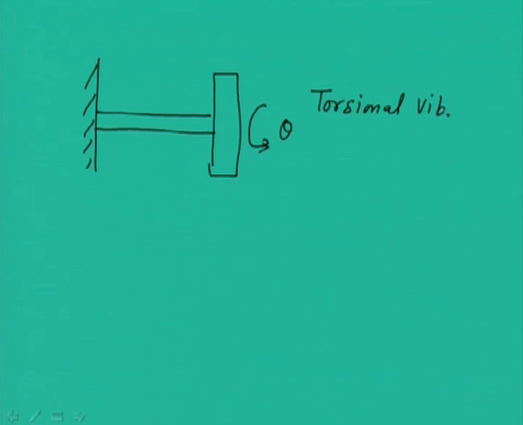Again from strength of materials we have the relation T equals J G theta by L, where T is the torque, J is the polar moment of area, G is the modulus of rigidity, theta is the angular twist of the disc about this axis, and L is the length of the rod.